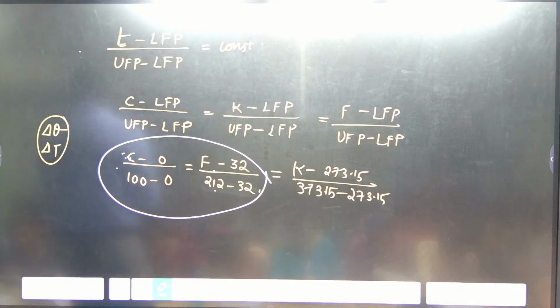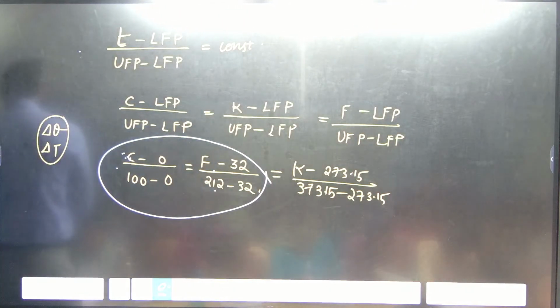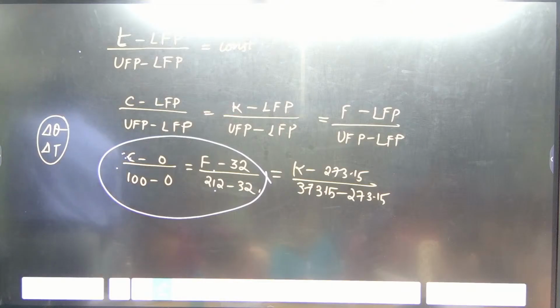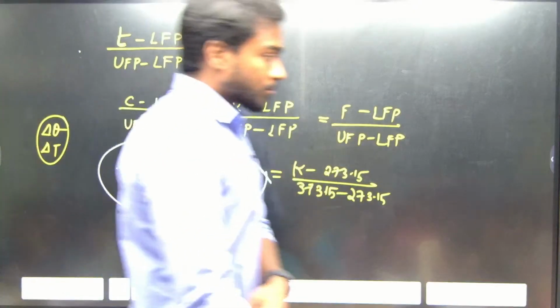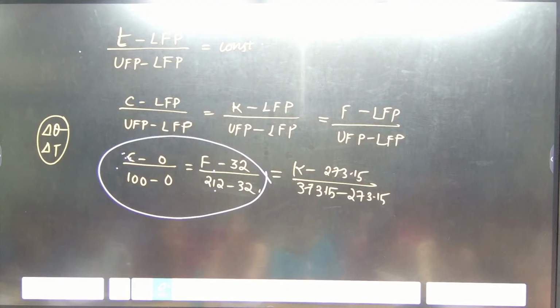What about the first one? Raghav? 361.4. Completed?